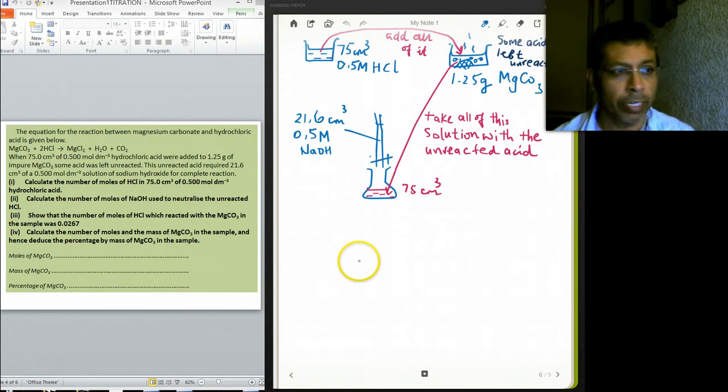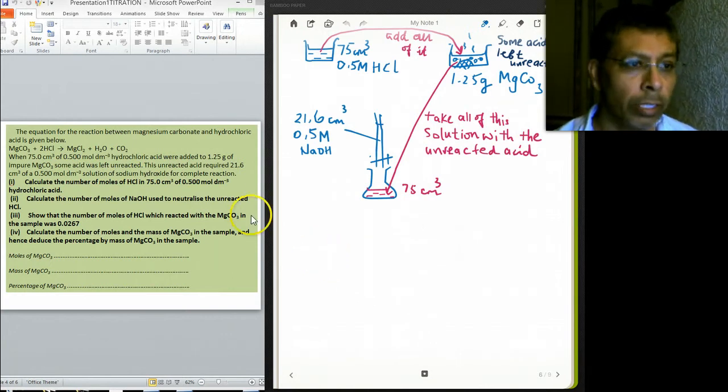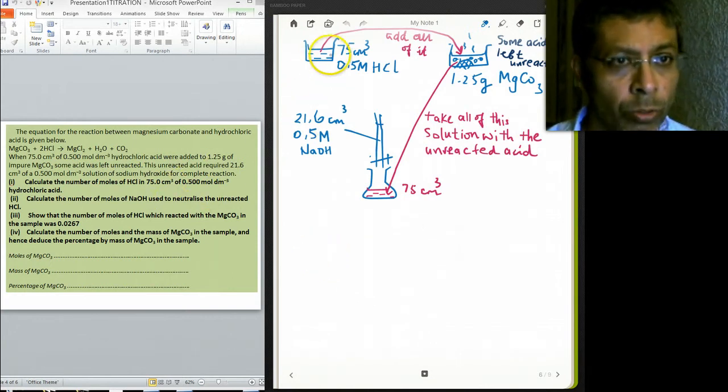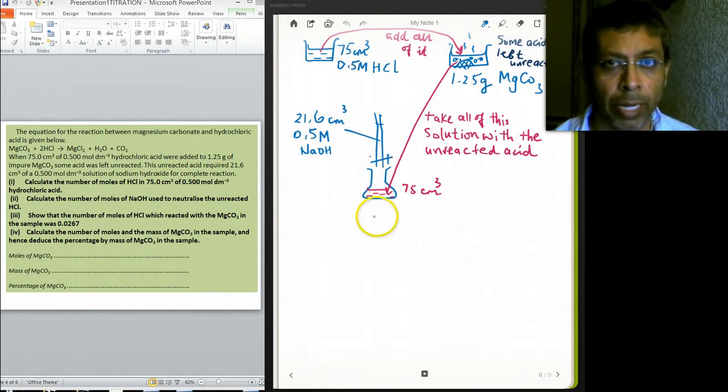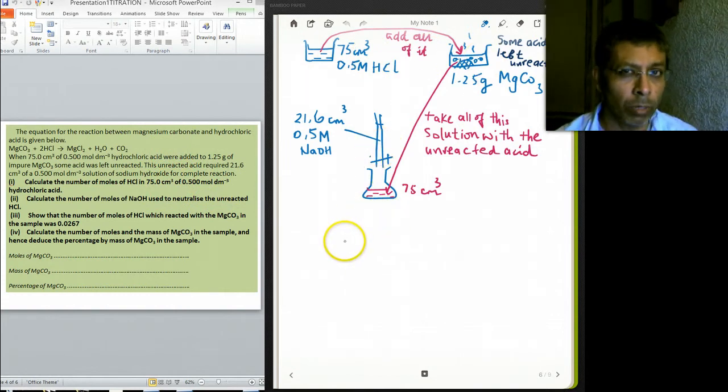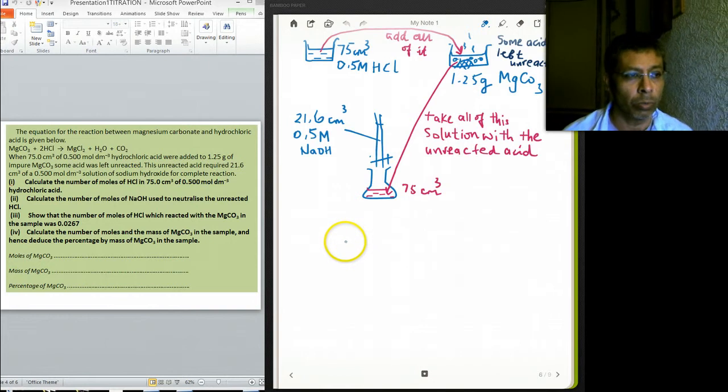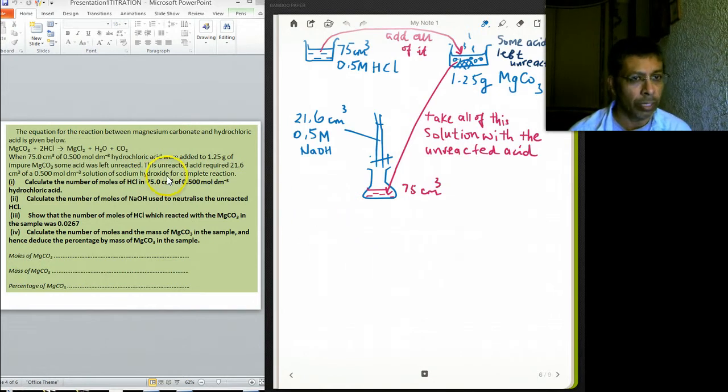Okay, now that you've read it, what I've done is I've used the information there to draw some diagrams to explain what's happening. This is what I would recommend you to do as well. Let's have a quick read and see how it relates to the picture. We've got magnesium carbonate reacting with hydrochloric acid, and it says here that the magnesium carbonate is impure.